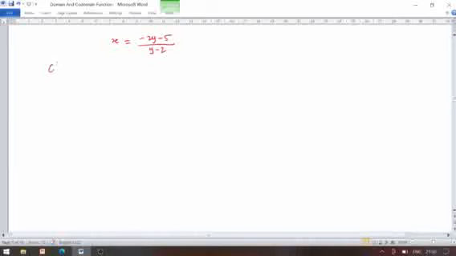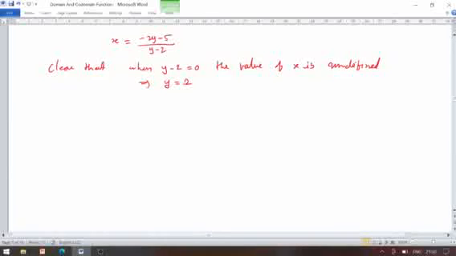So it is clear that when y minus 2 equals 0, the value of x is undefined as the denominator results indeterminate. That means y should not be equal to 2.